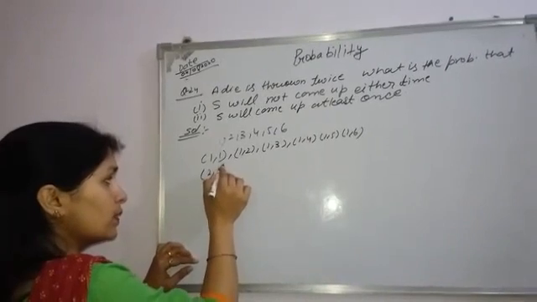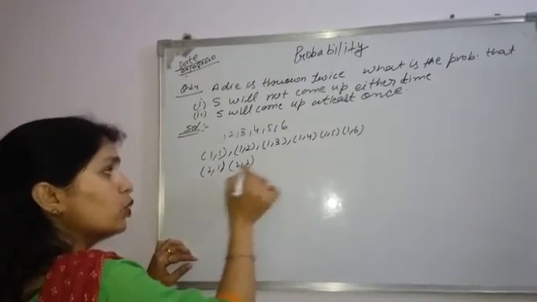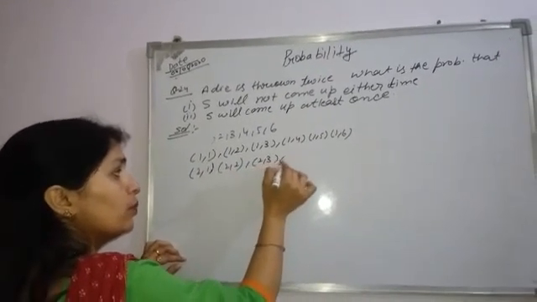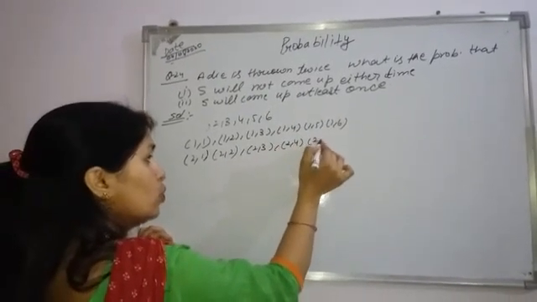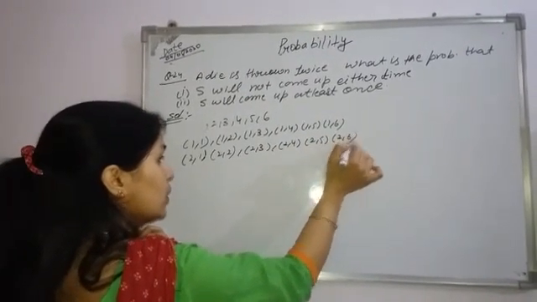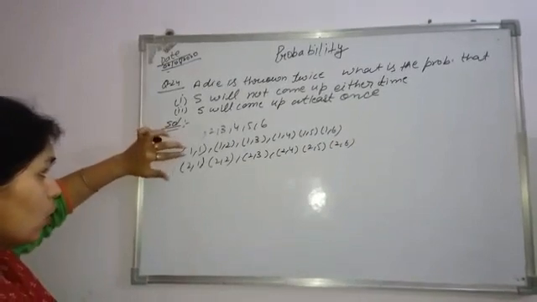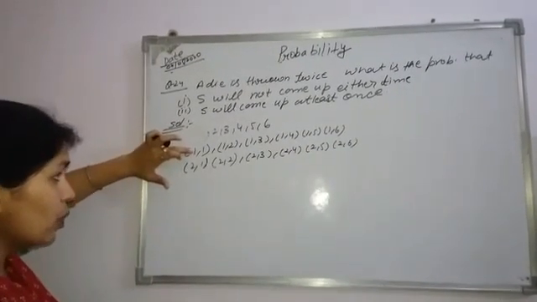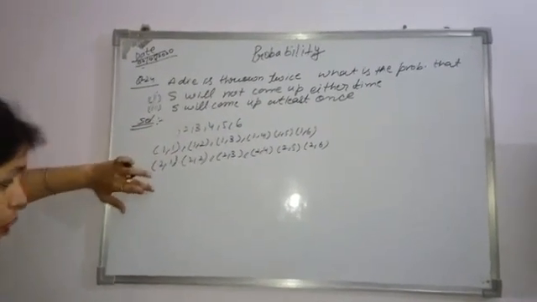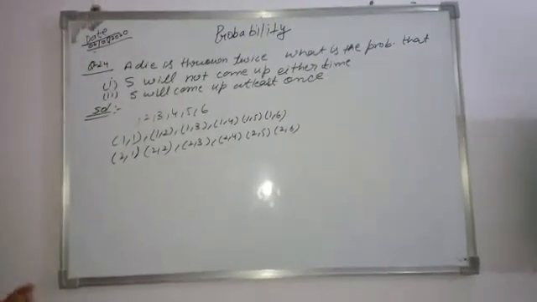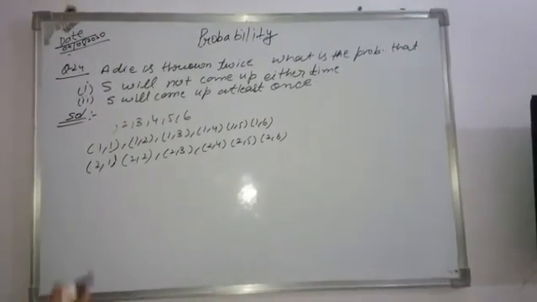So 2-1 is another case. It can be 2-2, 2-3, 2-4, 2-5 and 2-6. On the first die it can be 1, 2, 3, 4, 5 and 6. All numbers can exist.